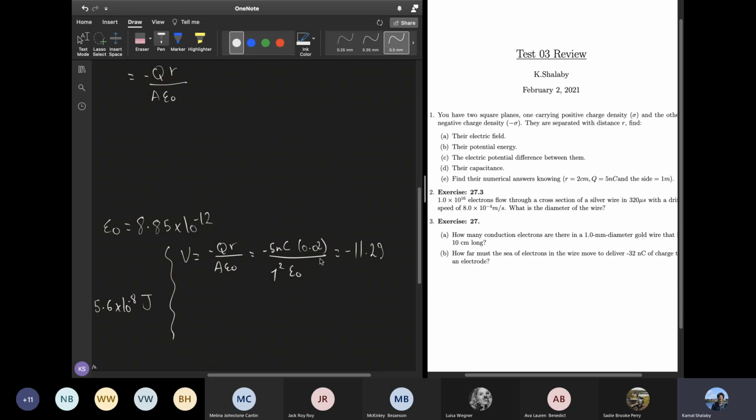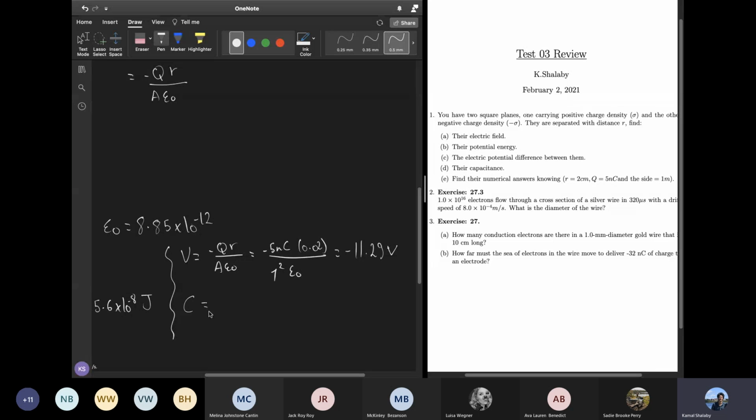What is the units of V? It's volts. So it'll be just also V.